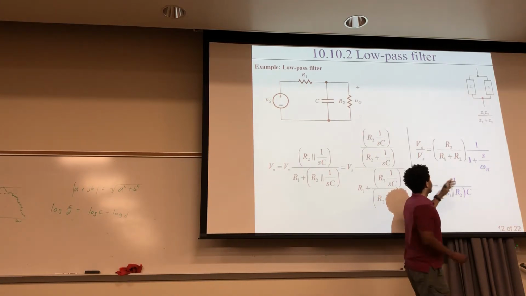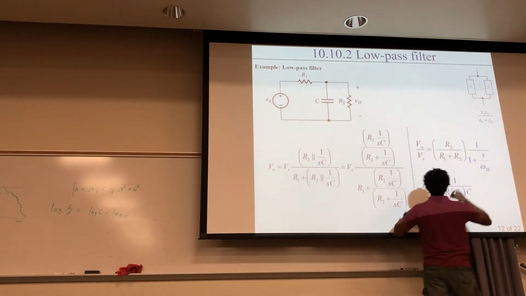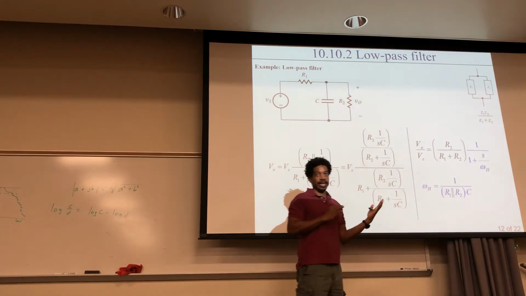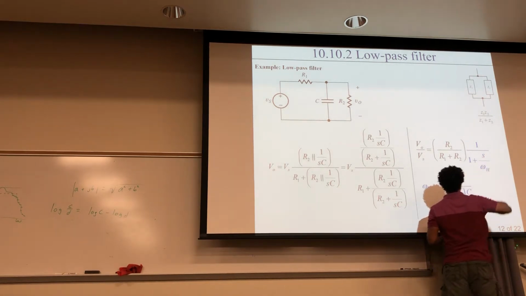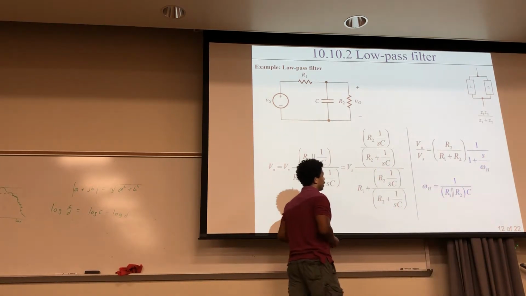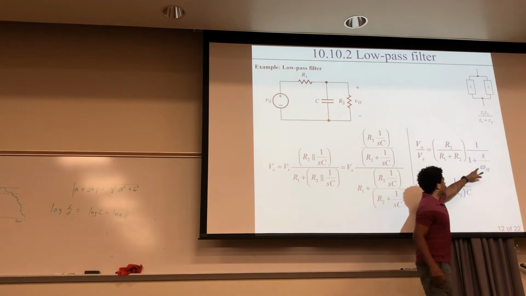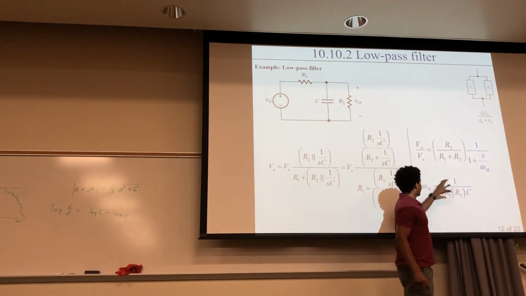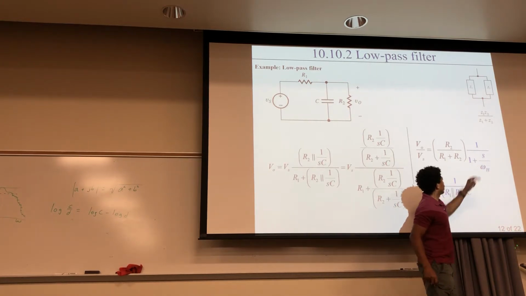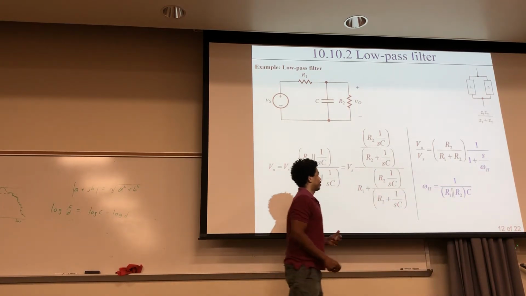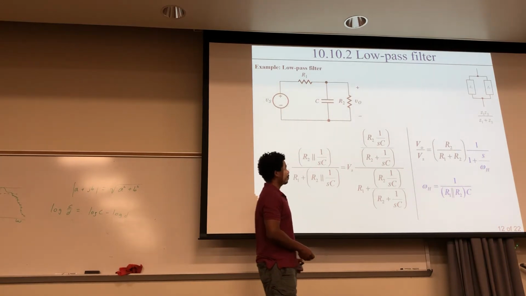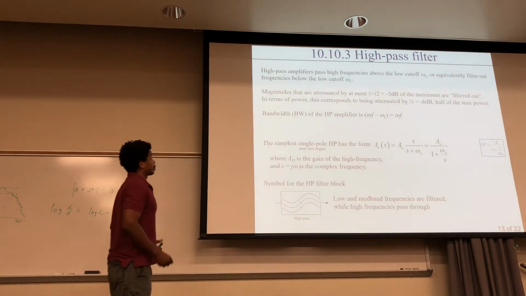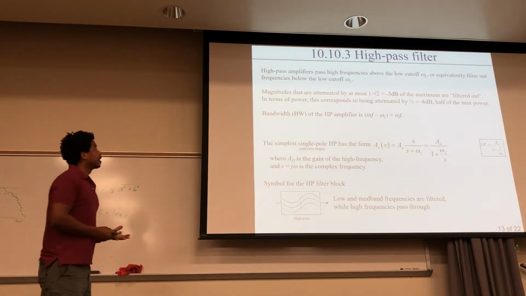Okay, so this piece right here is like your A0, your gain, and you want it in this form right here so you can easily plot those things out, and also determine what your cutoff frequency is once it's in that form. So that's how you find that.